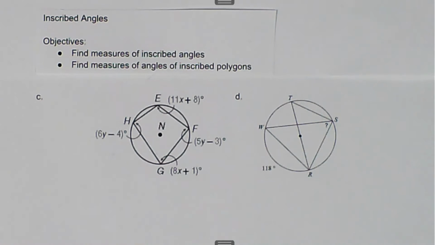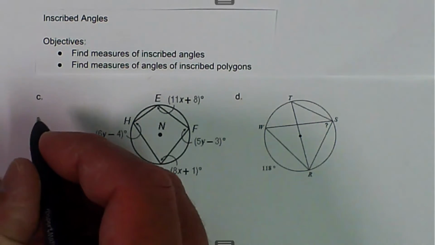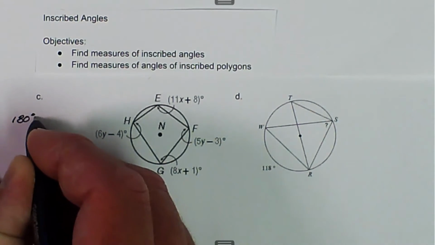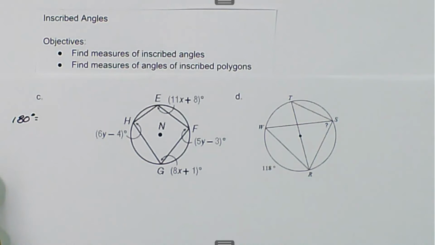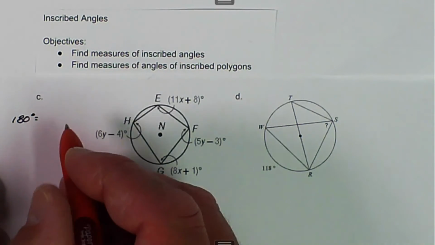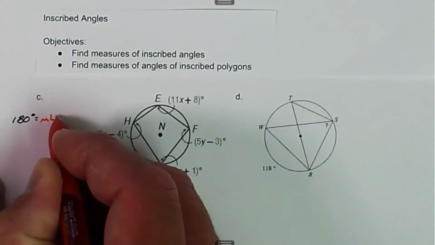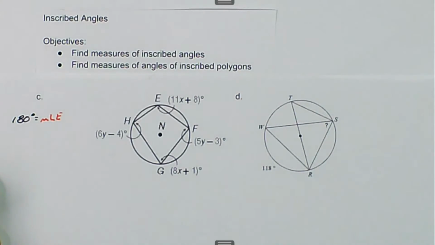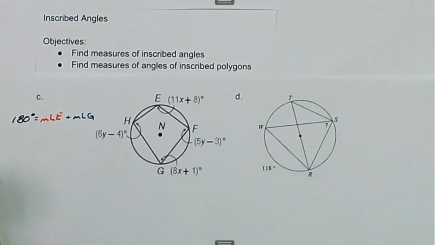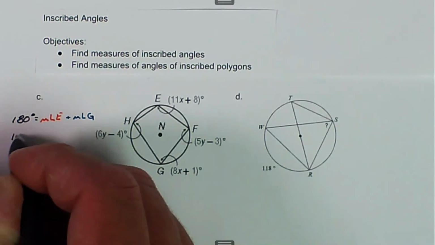So we can say 180 is equal to angle E plus angle G. The measure of angle E plus the measure of angle G. We can substitute in the values that we know. So we still keep 180 degrees.